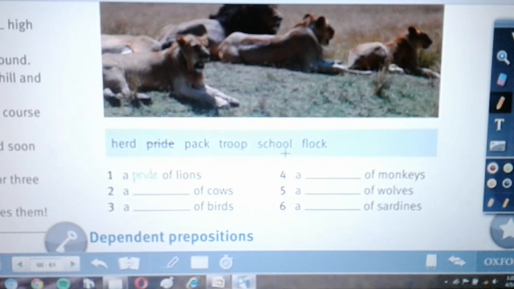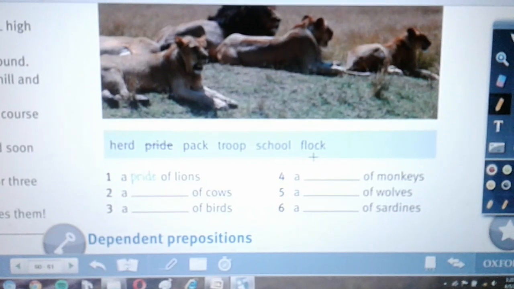We use school to call a group of fish and whales. Lastly, we use flock to call flying bird or a group of flying birds.